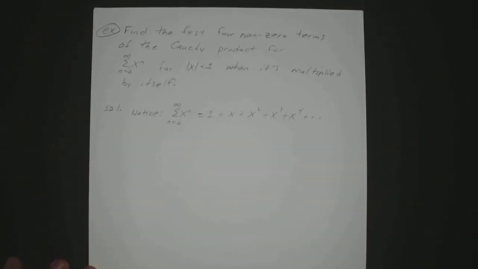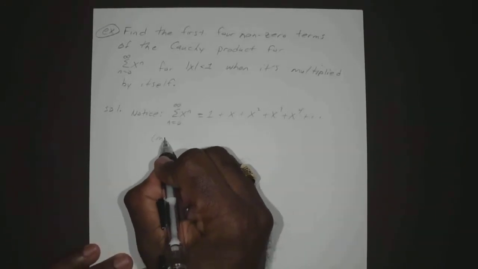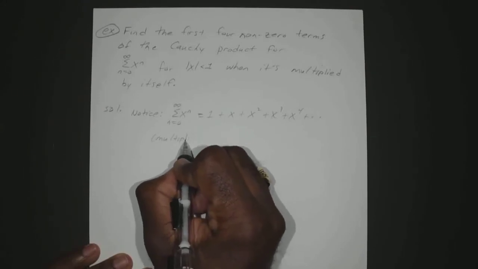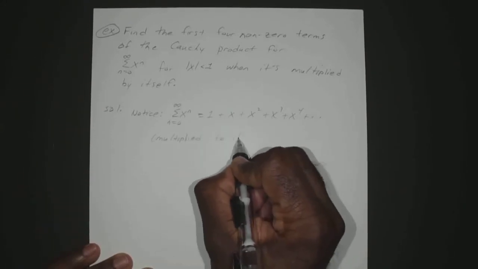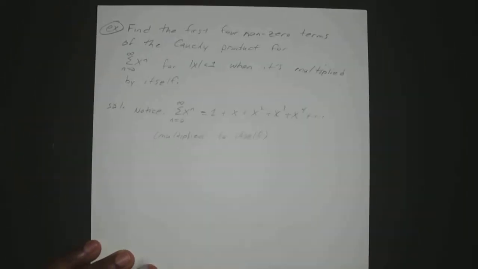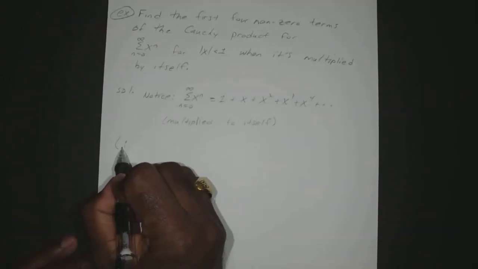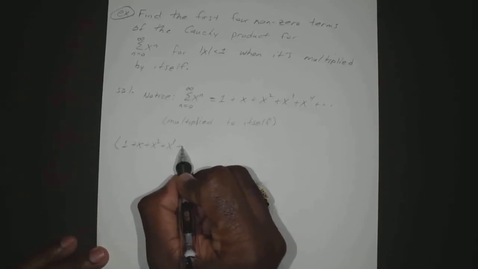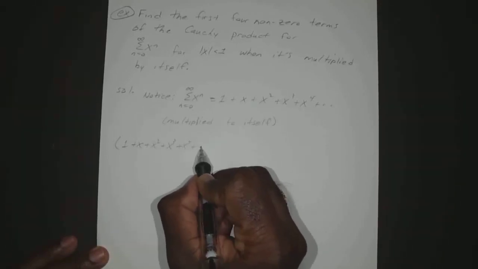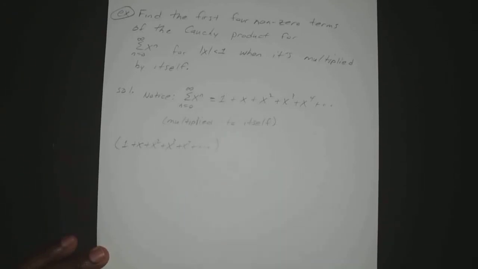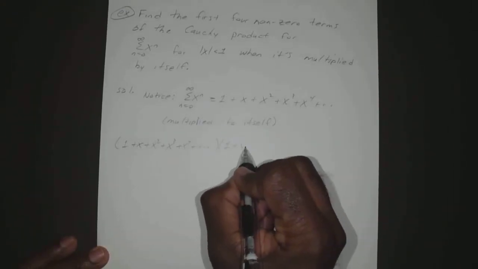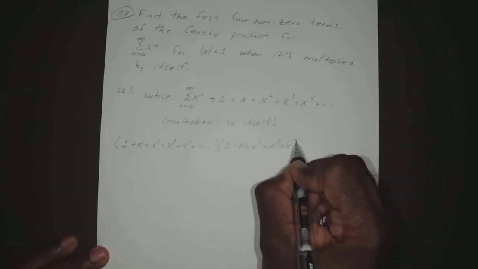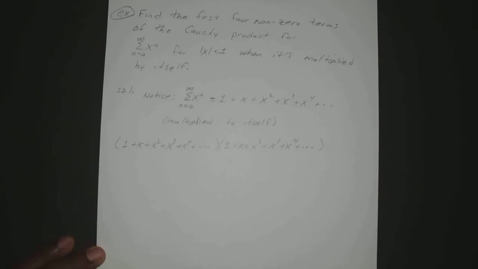Now, if you multiply it by itself, that's going to give you 1 plus x plus x squared plus x cubed plus x to the 4th, and it keeps on going, times 1 plus x plus x squared plus x cubed plus x to the 4th, and it keeps on going.